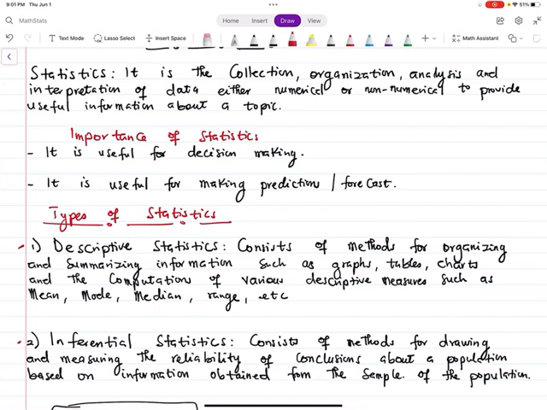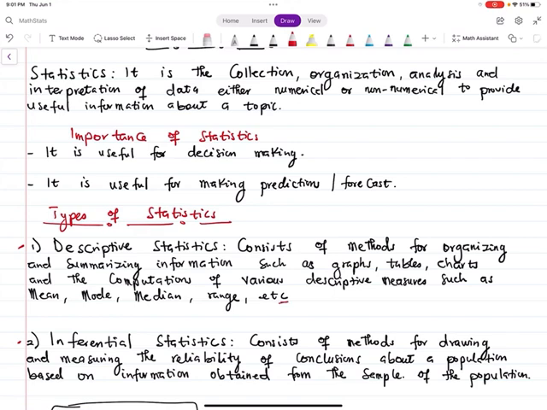For example, when COVID came, there were states reporting that the average daily cases in New York was this number. They were able to tell that with the help of the data that they gathered, and present that information on graphs, pie charts, histograms, and other visual representations. Such is called descriptive statistics.